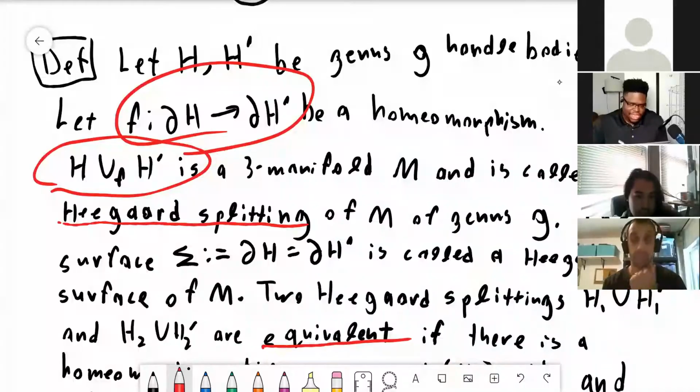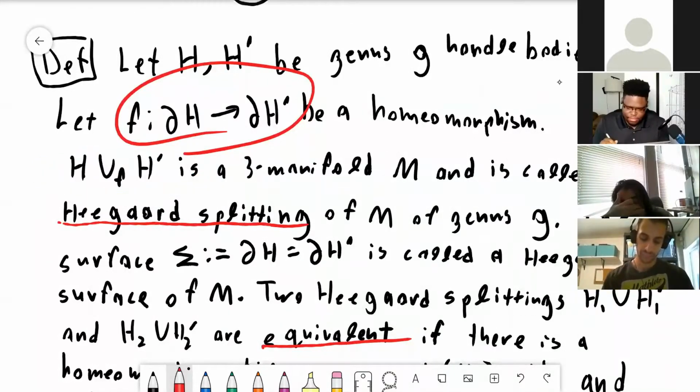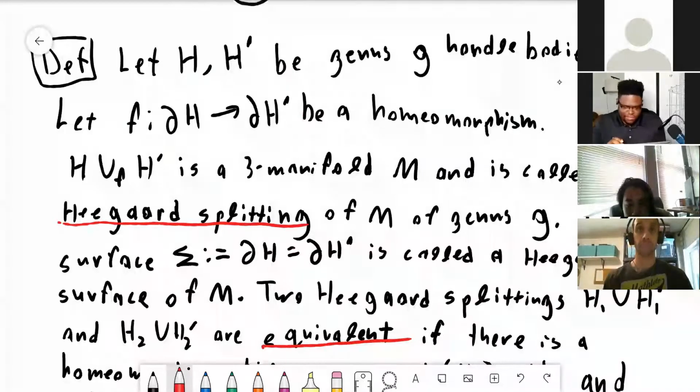We call this a Heegaard splitting of the 3-manifold M, and it's a Heegaard splitting of genus g, which is the genus of the handle bodies. We also call the surface through which we're gluing these handle bodies together the Heegaard surface of the manifold.